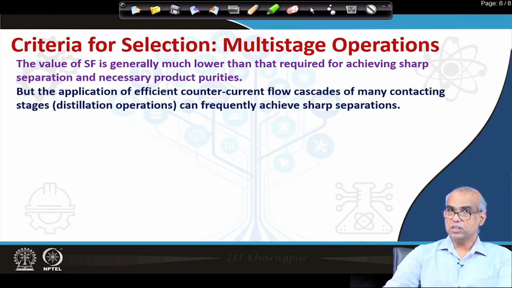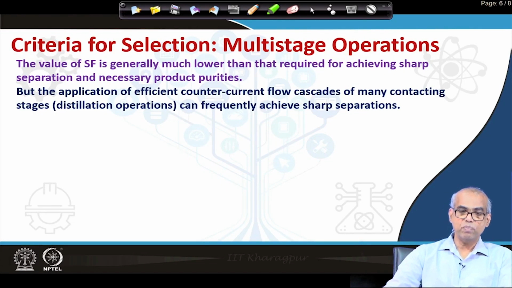Note that the separation factors that we defined were based on a single contacting stage. So, the value of the separation factor that we obtain will generally be much lower than that required for achieving sharp separation and than that required for achieving the desired specification on product purity.